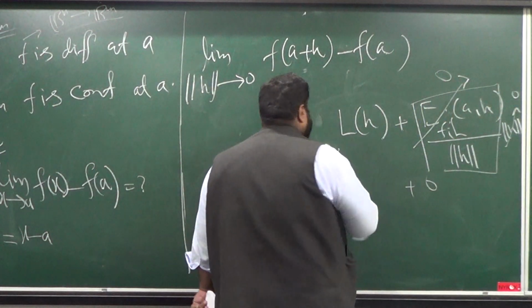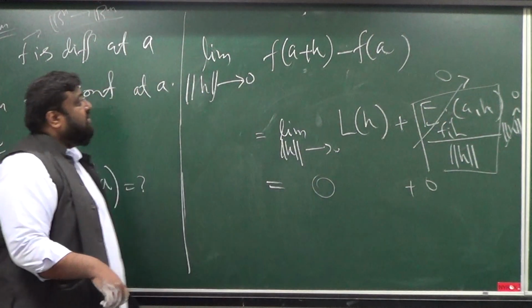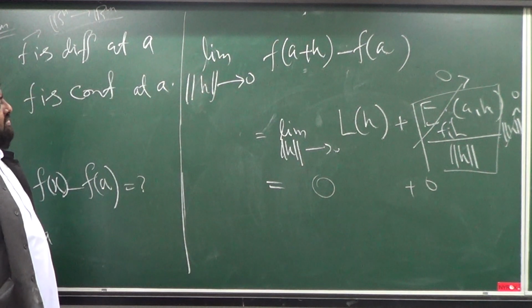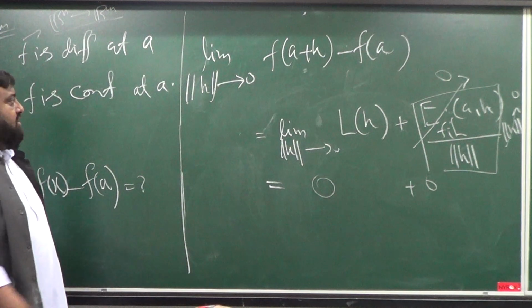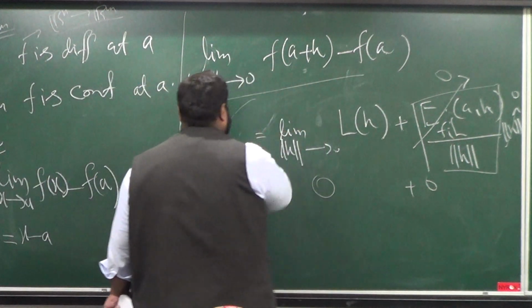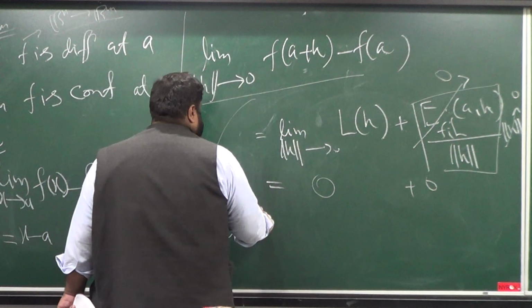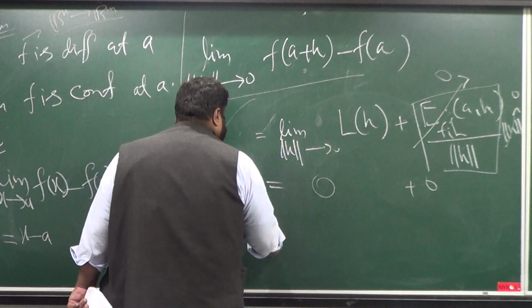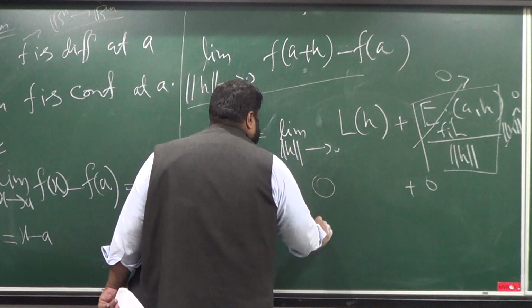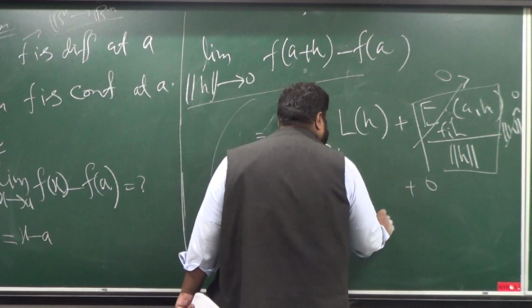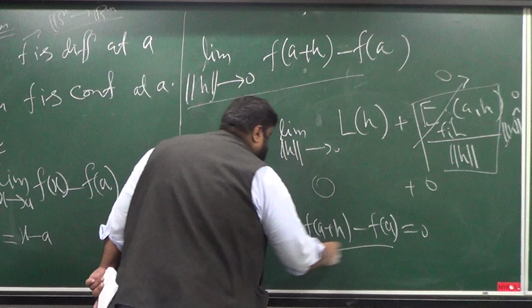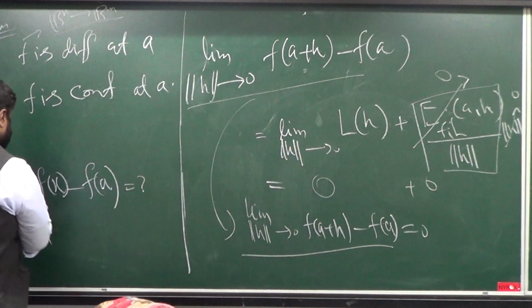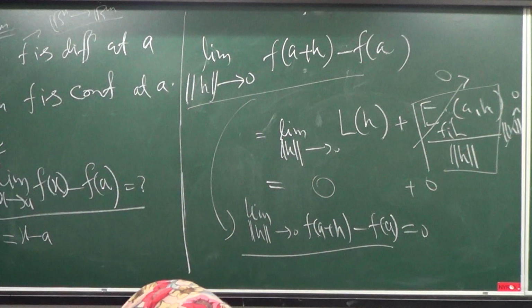So we expect this to be 0, and hence the limit as the norm of h goes to 0 of f of a plus h minus f of a is 0. So we proved it. But this is the same as this actually, isn't it?